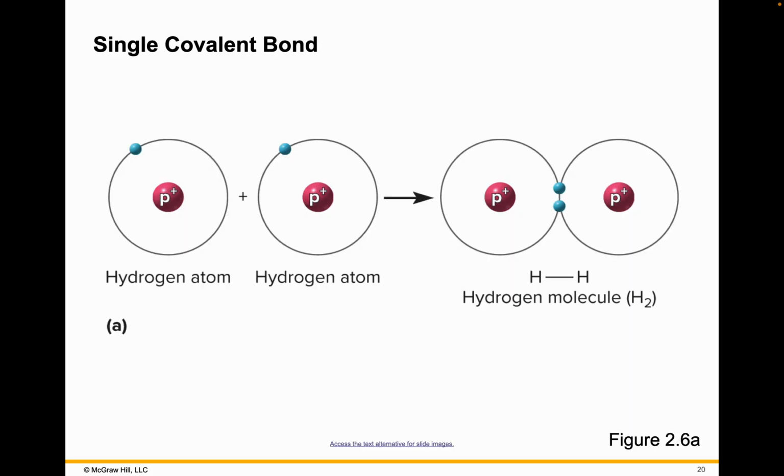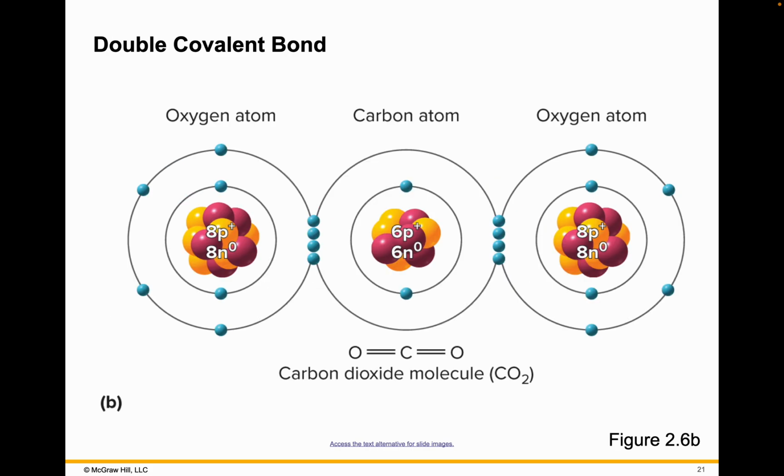So here we have a hydrogen atom combining with a hydrogen atom to give you H2, and instead of calling that hydrogen compound, they would call that a hydrogen molecule because it's all hydrogen. It's not two different atoms. In a double covalent bond, there would be two sets of two shared between the carbon and the oxygen.